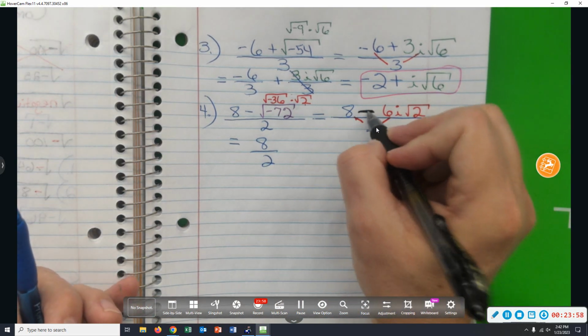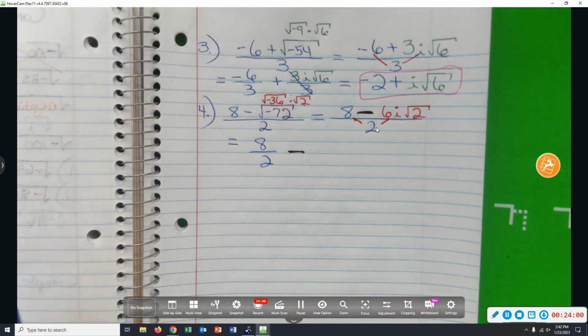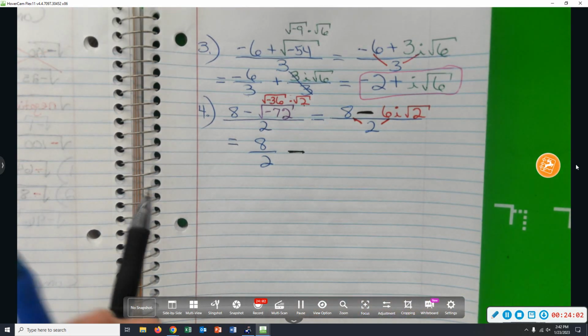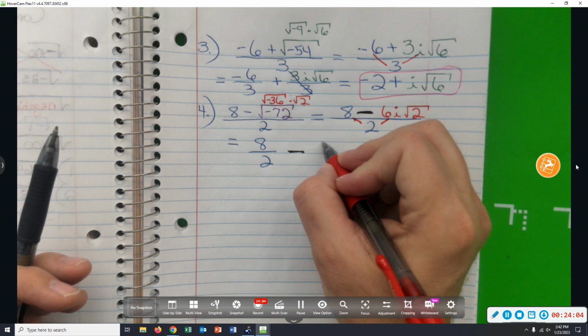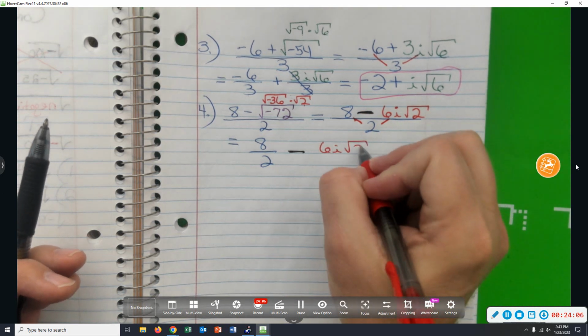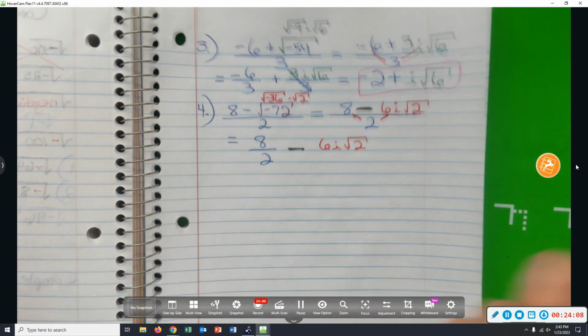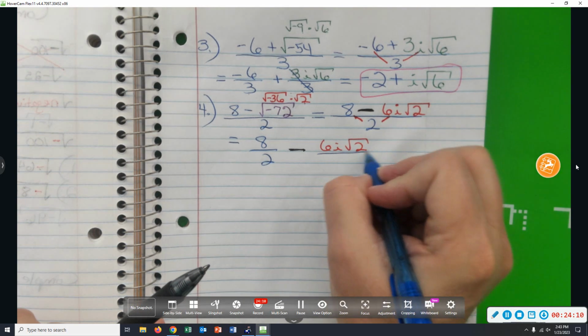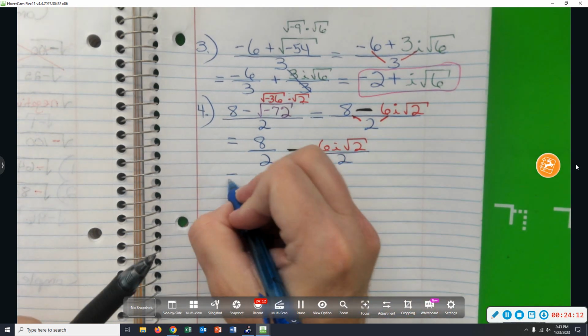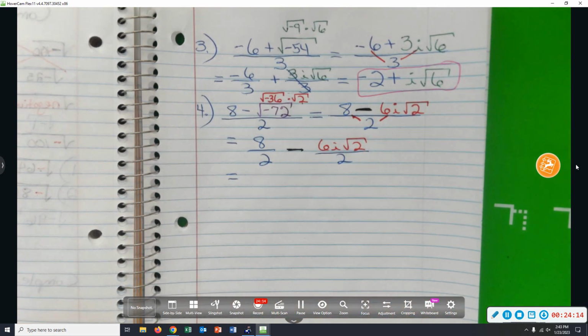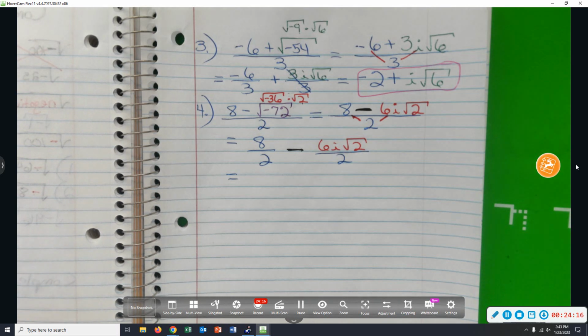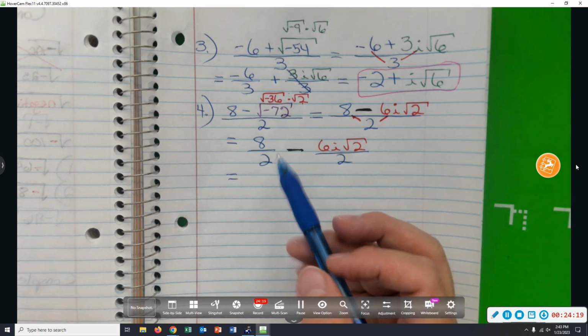This black minus right there, that's the minus I'm writing there. Now we can cancel and simplify each fraction individually.